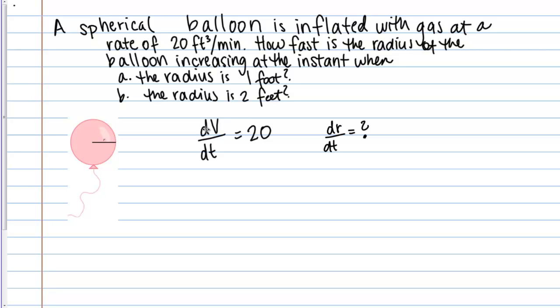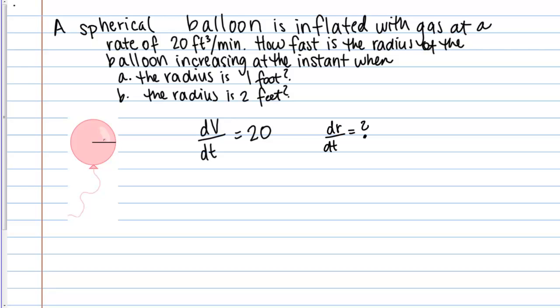The next step is to find a relationship between the variables in the problem, and then to write down an equation for that relationship. This is usually going to depend somehow on the geometry of the problem. In this case, I have a spherical balloon, so that's a key word there, spherical balloon.